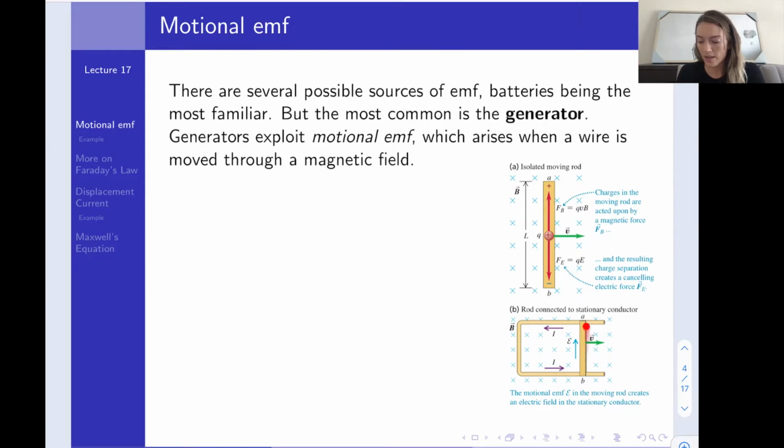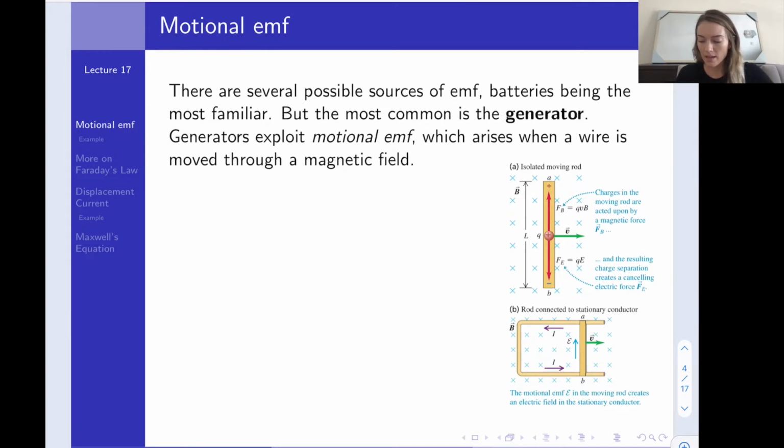We saw this yesterday. We had the problem where we had this circuit, these two wires connected by a sliding wire in between them, and we move this wire to create an EMF in that circuit. So motional EMF just means an EMF that's created by moving a wire through a magnetic field.